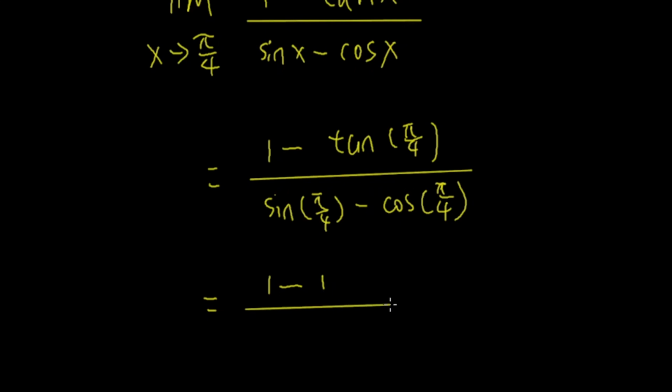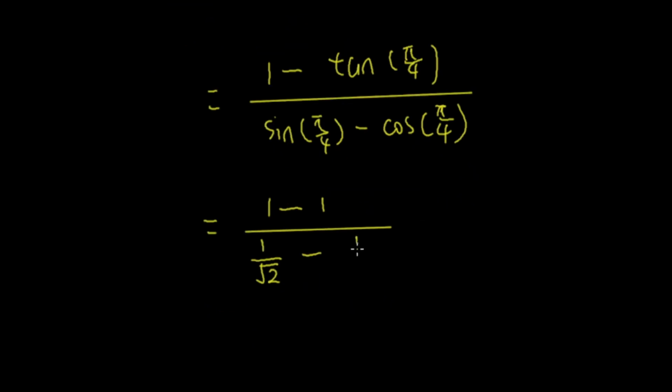Divided by, now, sine pi over 4. The exact value of sine pi over 4 is 1 over square root of 2. Now minus, what is cosine pi over 4? The exact value for cosine pi over 4 is also 1 over square root of 2. So the top is 0, the bottom is 0. So 0 over 0. That's not the answer we want. So we have to do more work.